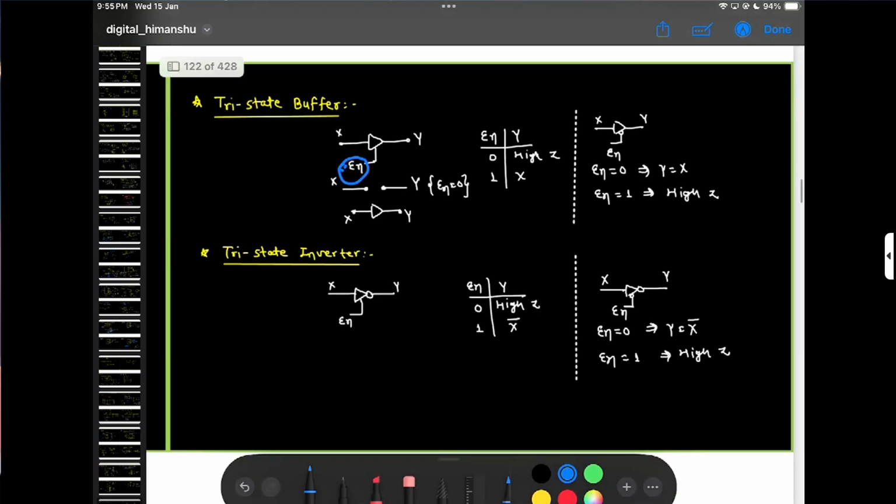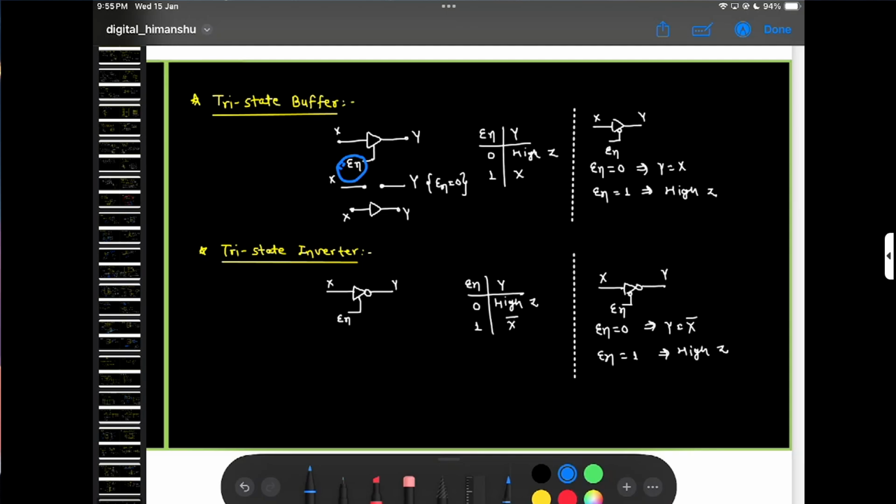And a tri-state inverter is also possible. In an inverter, whatever input you give, suppose my input is 1, the output comes after a 10 nanosecond delay. In the ideal case there would be no delay, but in real life you get some delay.